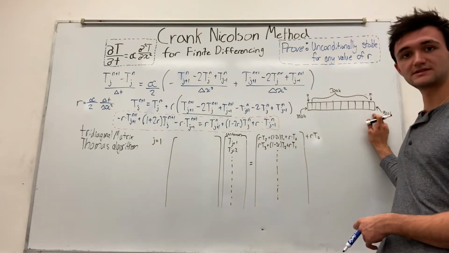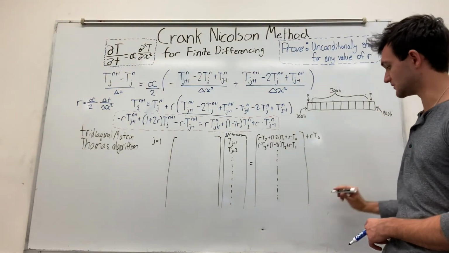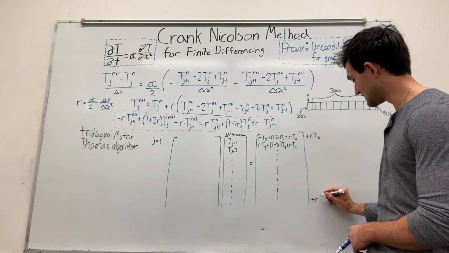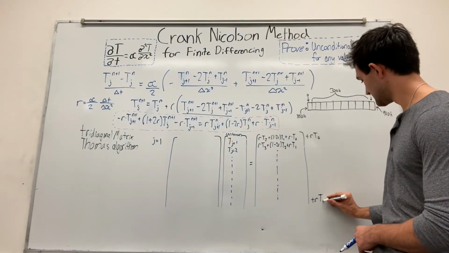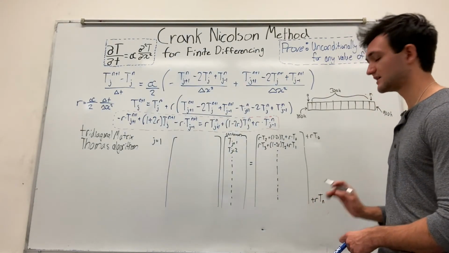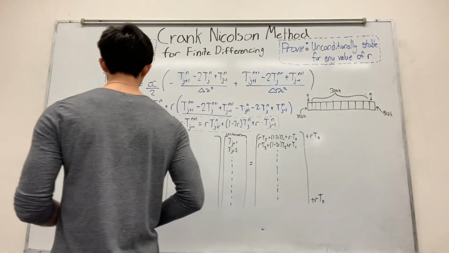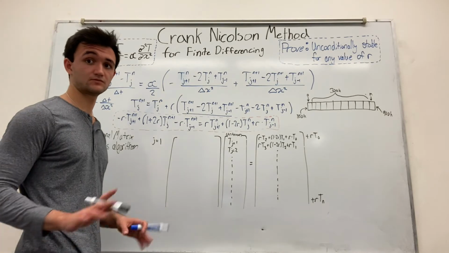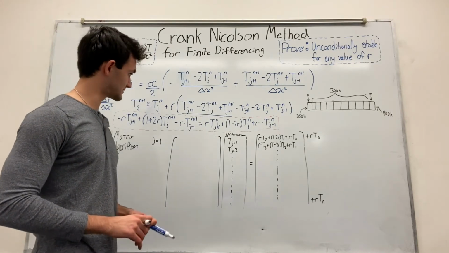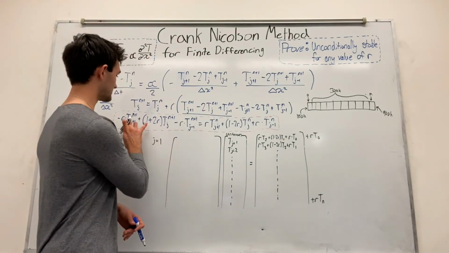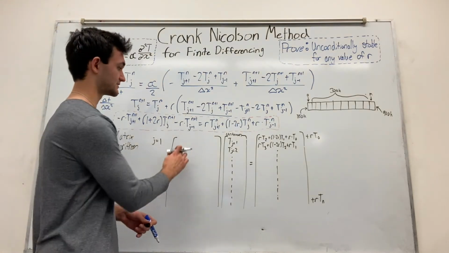And it's always going to be the same for the other end of the block too. So I'll go ahead and throw in a plus R times TN, because that's known for any time period, and it's not going to change as time progresses.